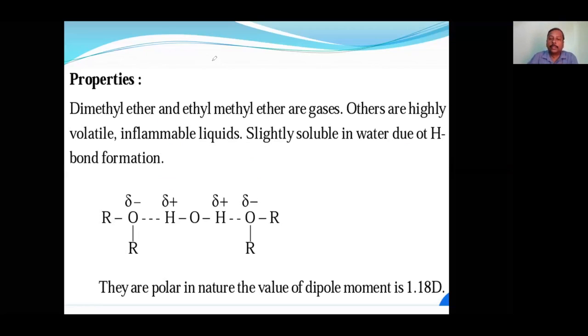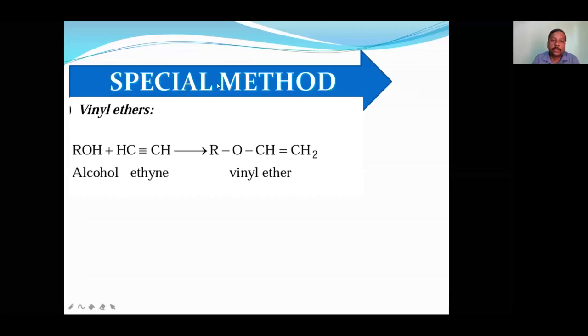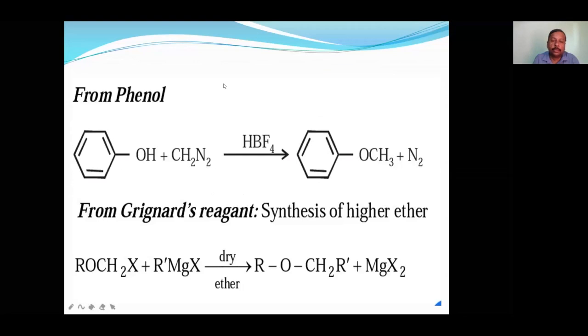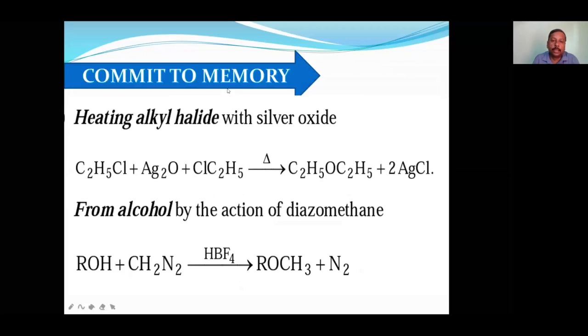Now we have studied the preparation methods. Let us go through a short revision. The special vinyl method, then from phenol and Grignard reaction, and before that, heating alkyl halide with silver oxide, and diazomethane, which has a limitation.